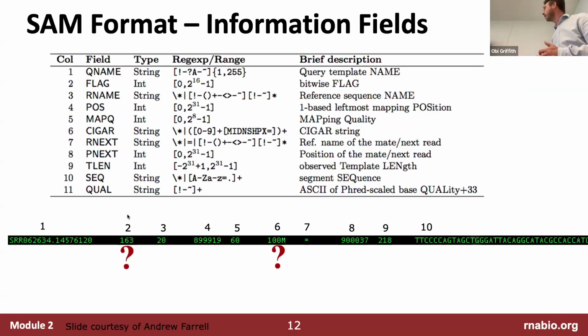Okay. The other question mark is this cigar string. This is also another efficiency thing. It's kind of like when you do a BLAST alignment.